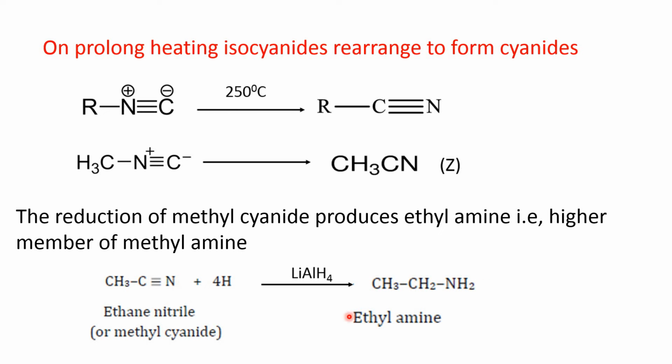So, it is ethylamine. Ethylamine is the second member of this alkylamine homologous series. That means it is the higher member of methylamine. So, from this methyl cyanide, through reduction, you can form ethylamine, which is the higher member of methylamine.